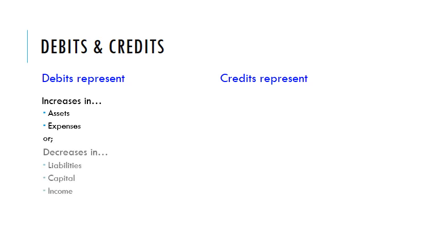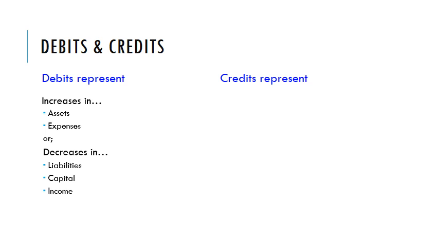So what are these debits and credits? Well, we have a quick summary at this stage, but as you go through the course you'll see how debits and credits work in more detail. Debits represent increases in assets or expenses, and they can also represent decreases in liabilities, capital or income.